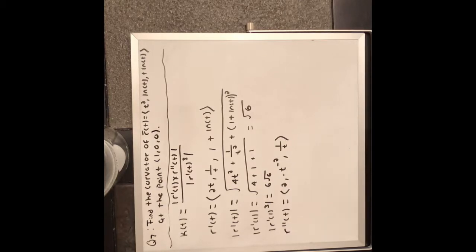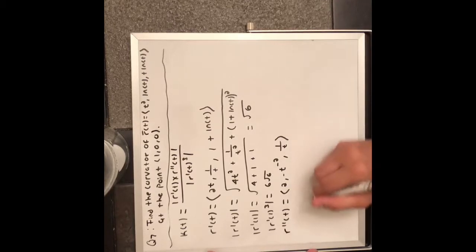Now what we do here is we cross r prime of t and r double prime of t. So let's do that.